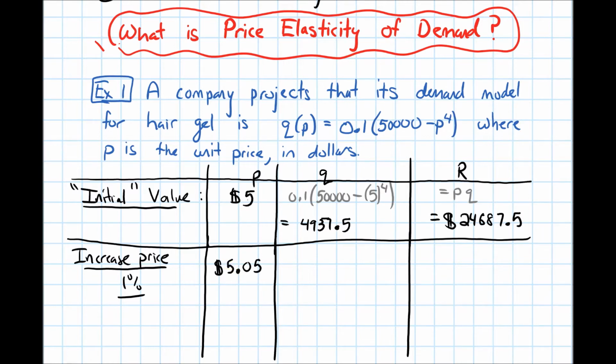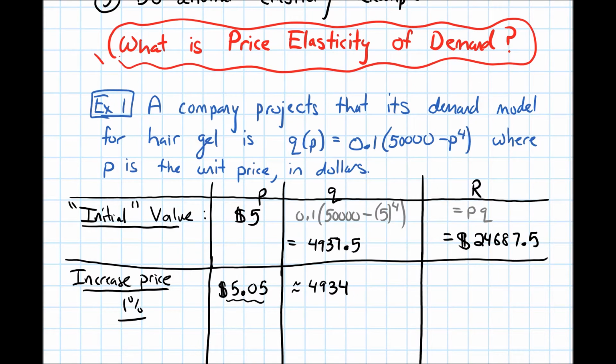And if we now compute the demand, we would plug in this price into the demand function for P. In doing that, we end up getting, this one I'm going to approximate, approximately 4,934.96. So it's an approximation because I'm rounding this to 2 decimal places.